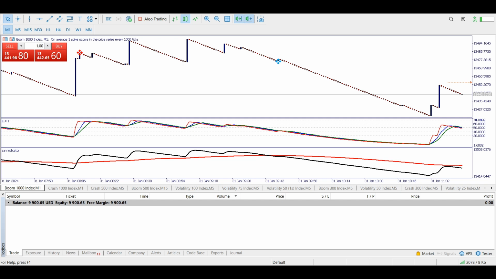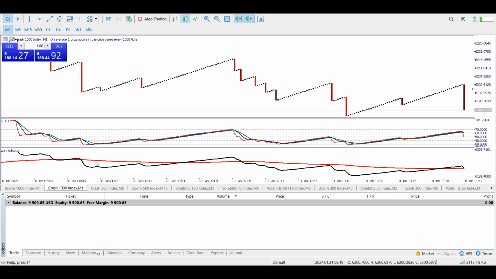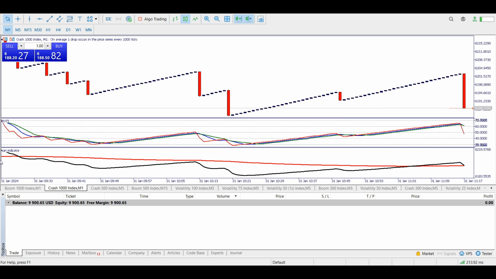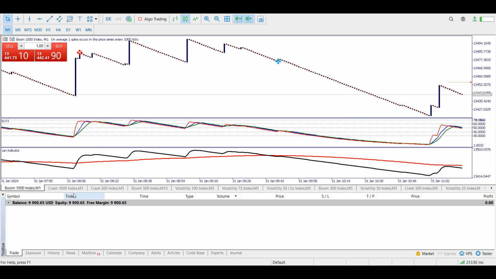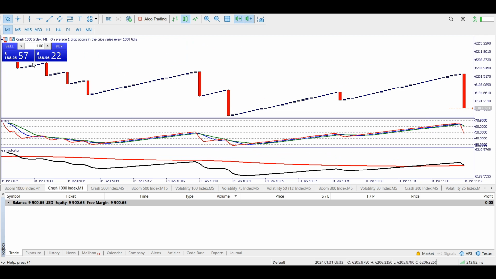Once there is a spike, a bell will come like that. That bell is telling us that there is a spike somewhere. Remember, we discovered that it's Crash 1000 that has given us an alert. So we wait for a crossover, and that is where you take your trade. Let us give it time and see what is going to happen.